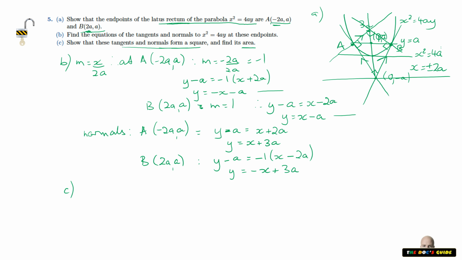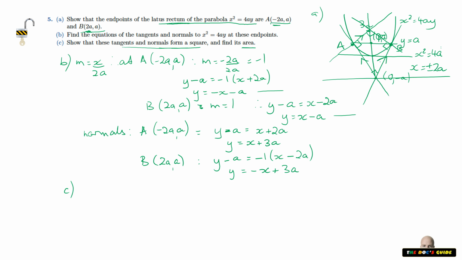Now we could go through and use the distance formula to get the sides of this and compare them, but if we think about the distance from here to here, that's going to be 4a, because we're going from minus 2a to 2a. This here is going to go a distance of 4a, because we're going from 3a down to minus a.